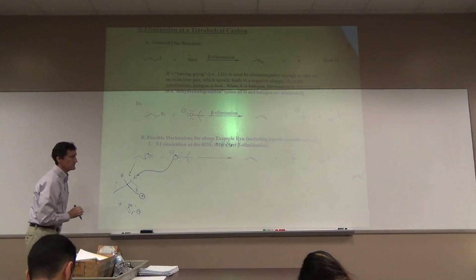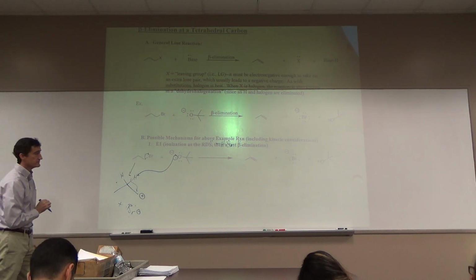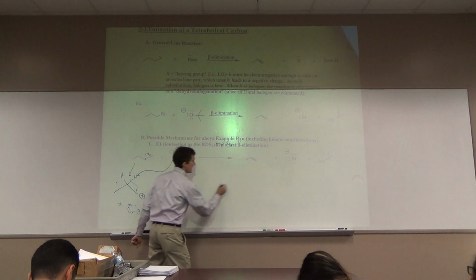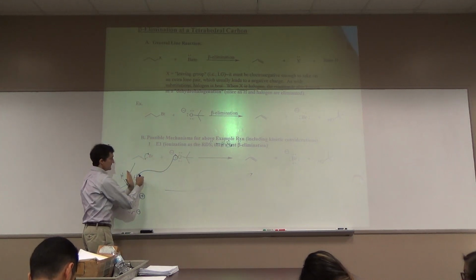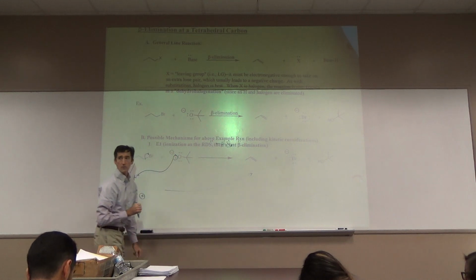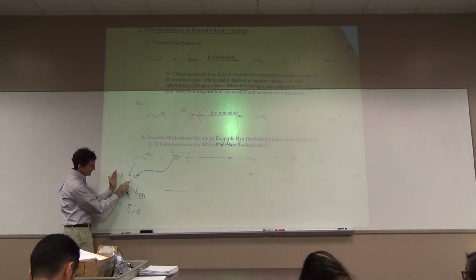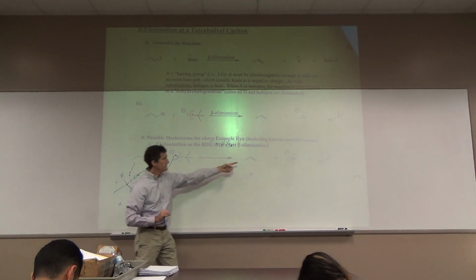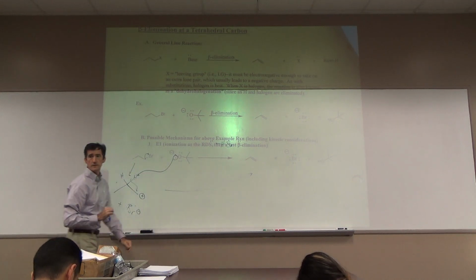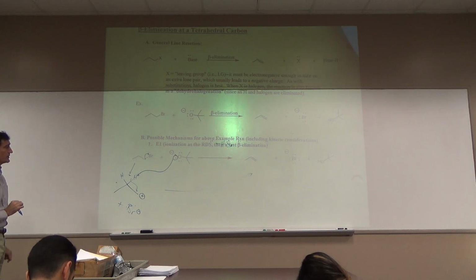Now what does that electron movement do? Okay. We have now made everything. Because right here, the base takes the H, and that's the alcohol on the end. If these electrons move in and make pi bond, what does that give? Well, that gives you your alkene. So there it is. That's an E1 mechanism.